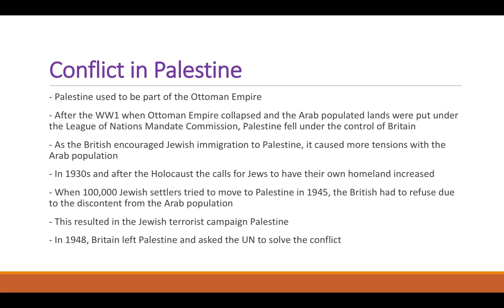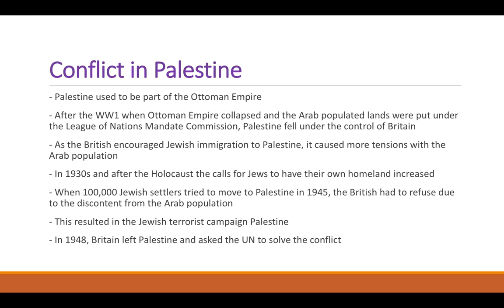Now, I'll not go deep into that. There are many historical sources talking about how the British encouraged the Jewish population to move into Palestine. There's the Balfour Declaration, there's the Sykes-Picot Agreement, but we will not delve deep into that. We'll keep it short and simple.